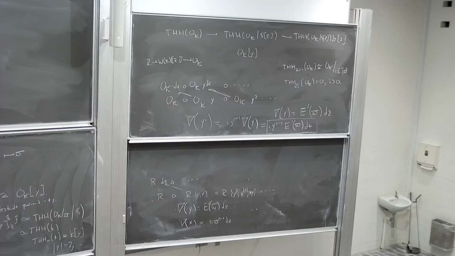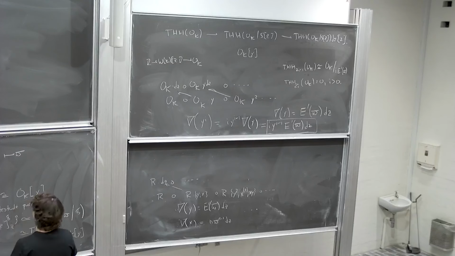So you get a field extension, and then this is the ring of integers in that field extension. Similar answers.